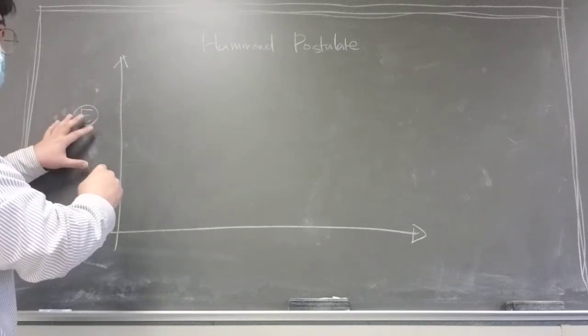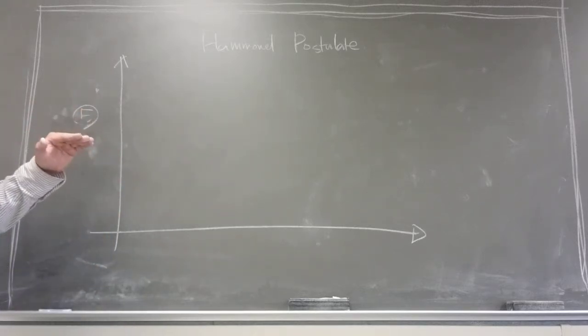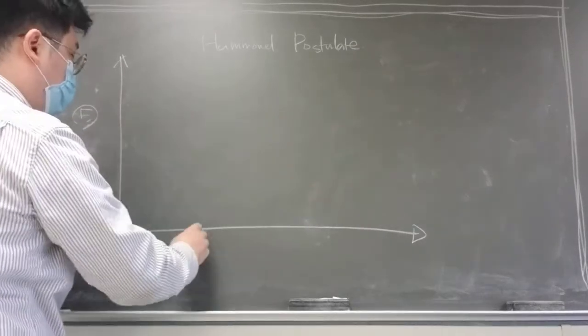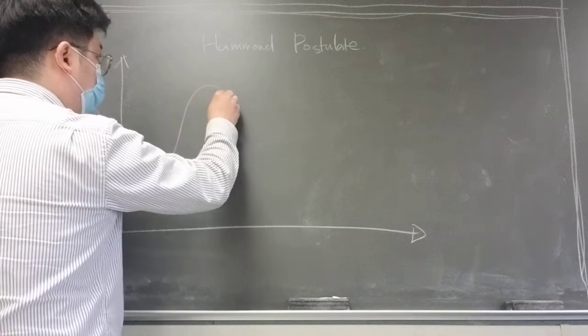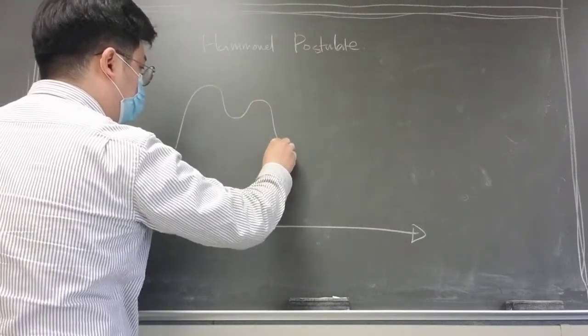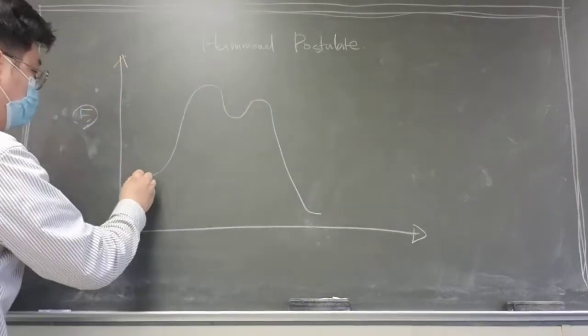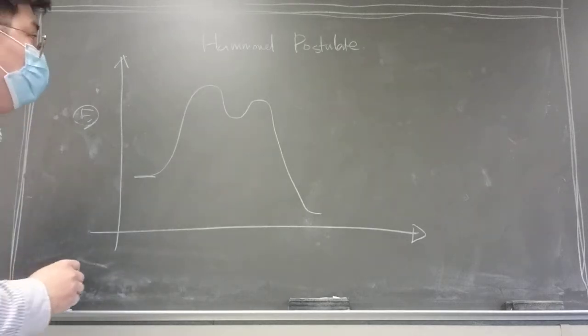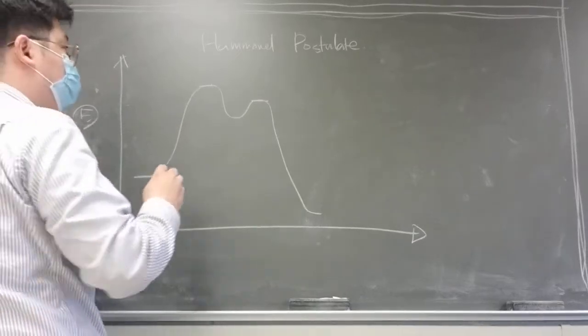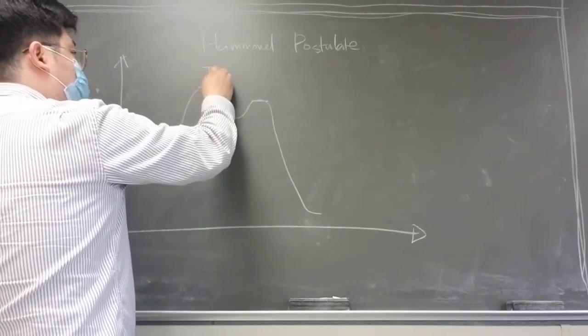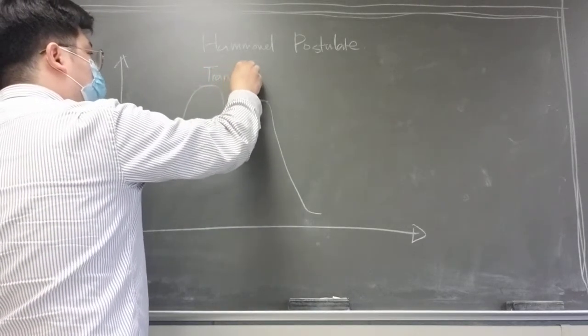So this is an energy diagram. It tells the energy status of the compound over the chemical reaction. So this is the energy level of the reactants here. And those peaks, the maximum points in this graph, are what we call transition states.